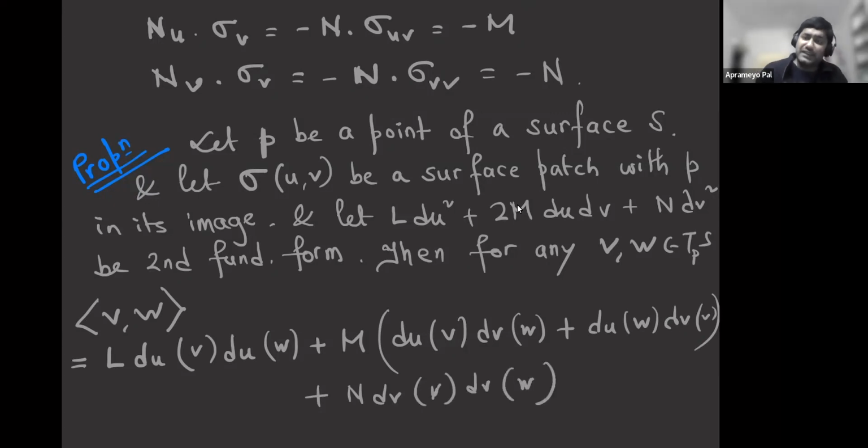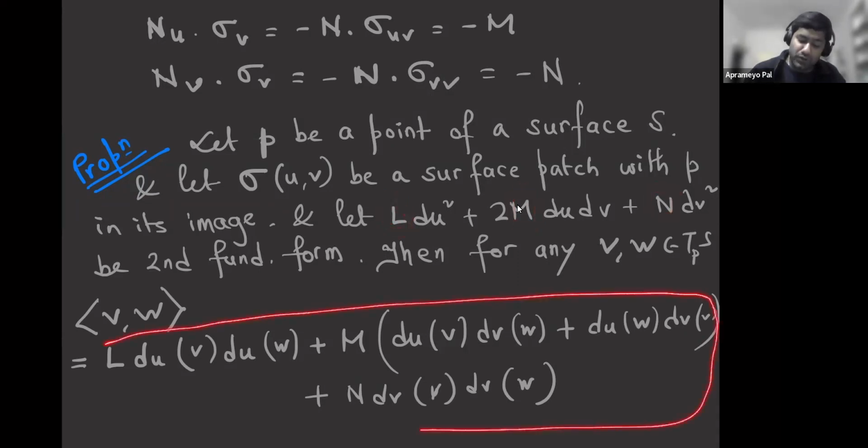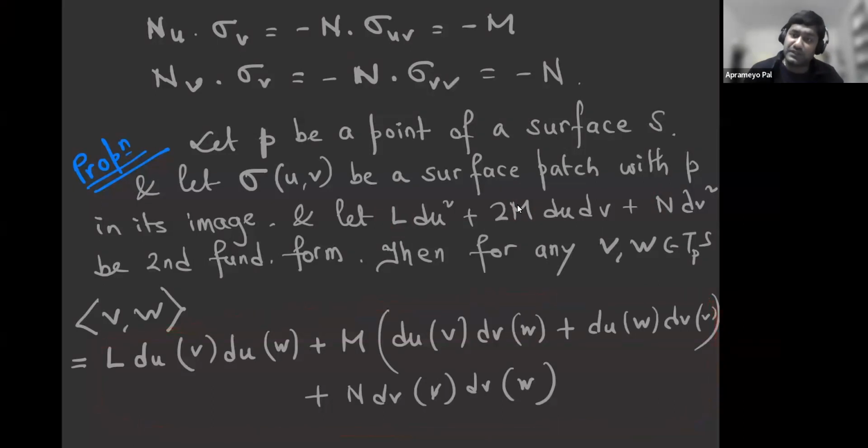So what I'm saying is, once you have these coefficients L, M, and N, this whole big expression actually defines a bilinear form.